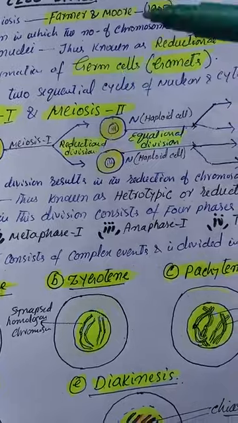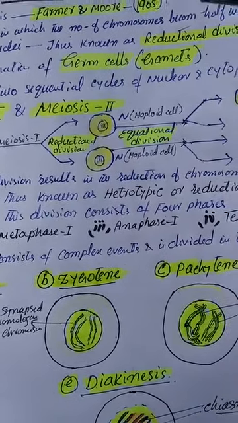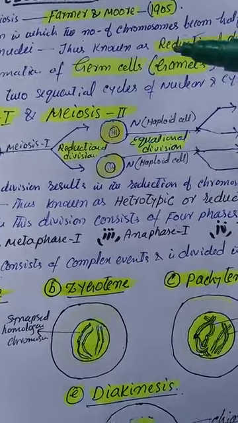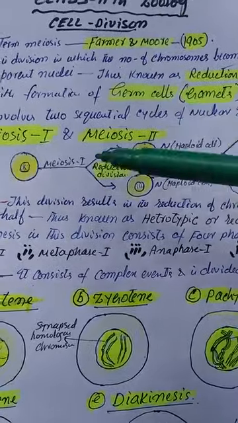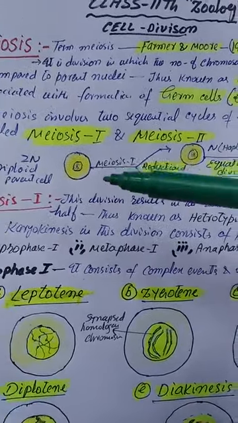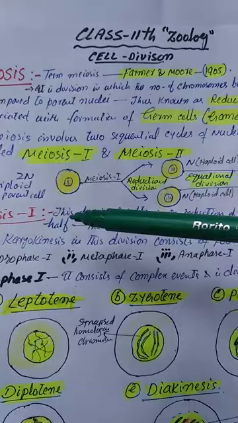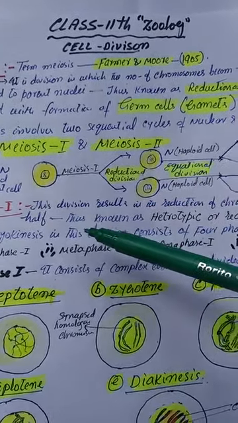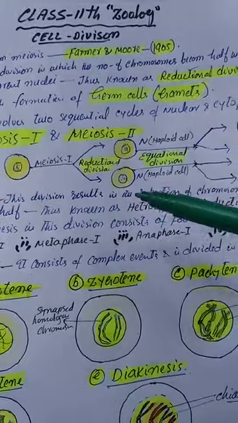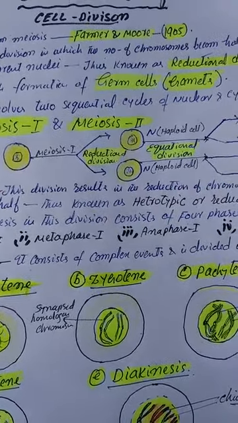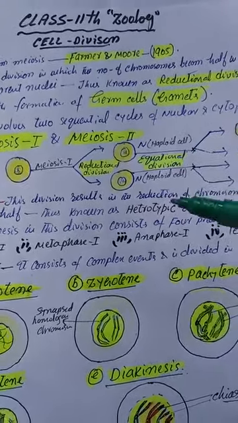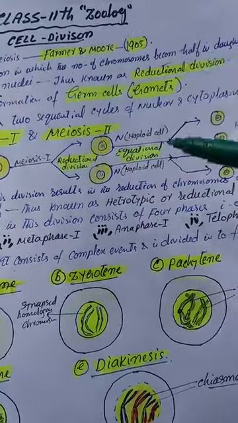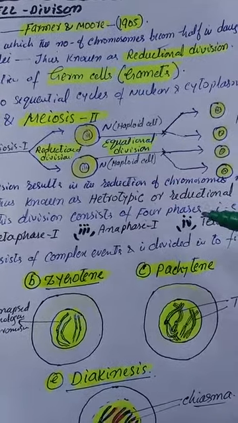Now we know that meiosis is completed in two sequential cycles, that is Meiosis-1 and Meiosis-2. First of all we will discuss Meiosis-1. This division results in the reduction of chromosome number to half, thus it is known as heterotypic or reductional division.